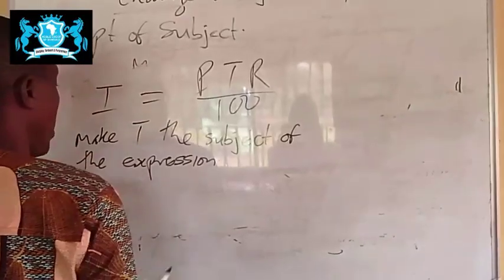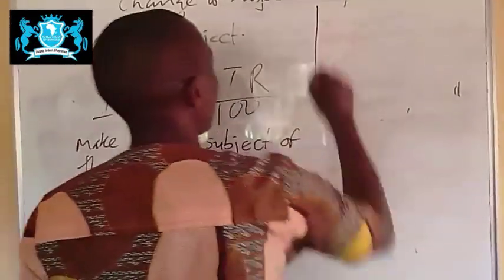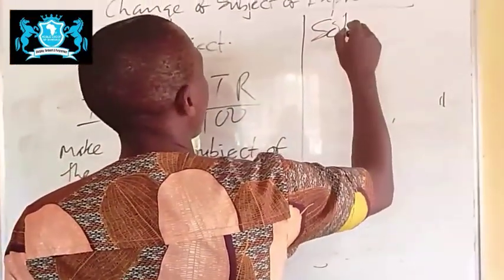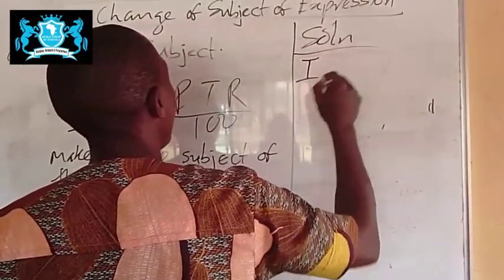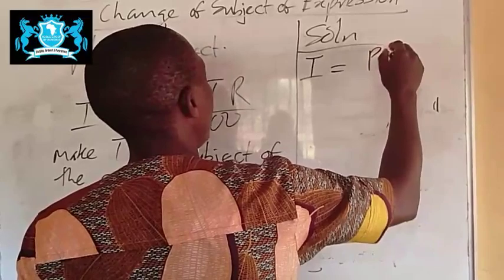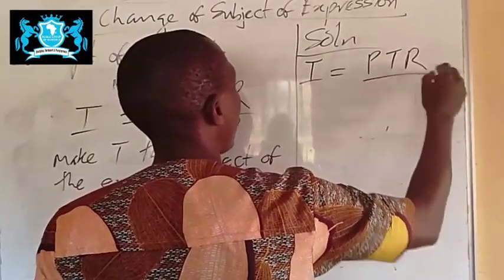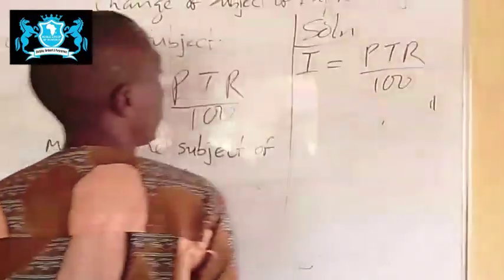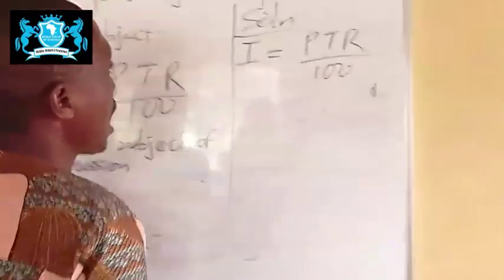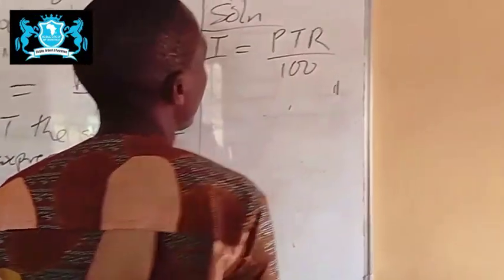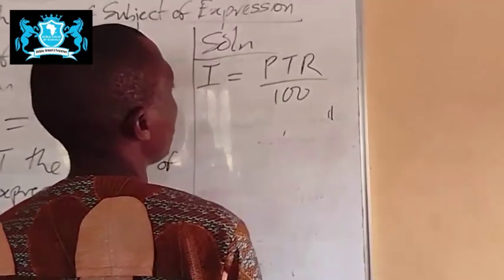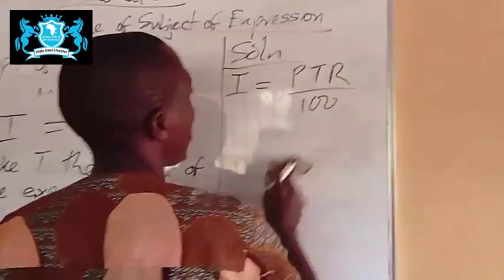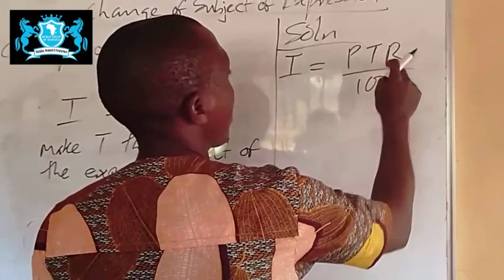So, solution to this. We are given that I is equal to PTR all over 100. Now, our target is T. The surrounding or attached constants and variables are P, R, and 100.